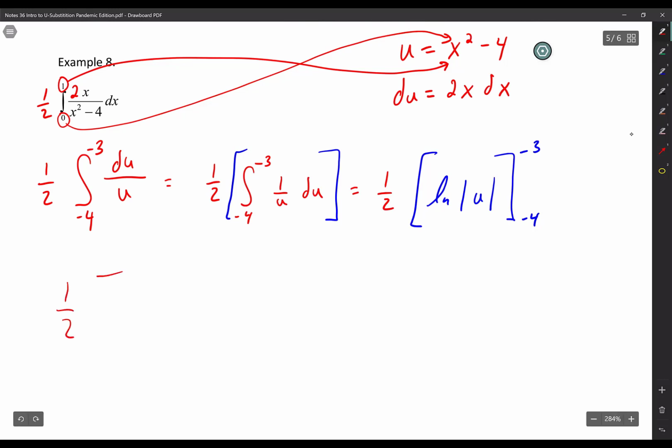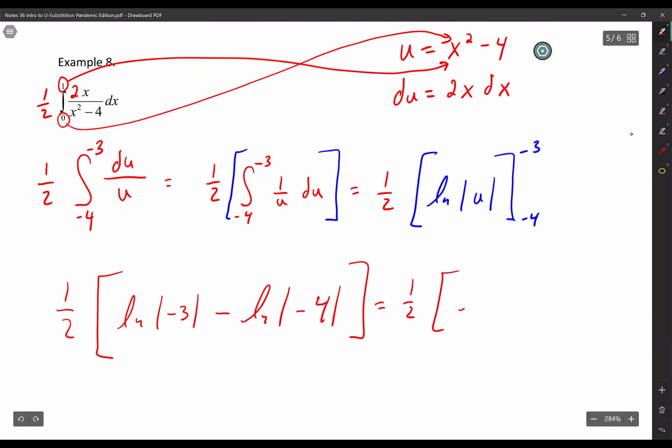Here's my 1/2. I'm going to work on the bracket stuff alone first. ln, absolute value of -3, close, minus ln, absolute value of -4, close, equals 1/2 bracket, ln of 3 minus ln of 4.